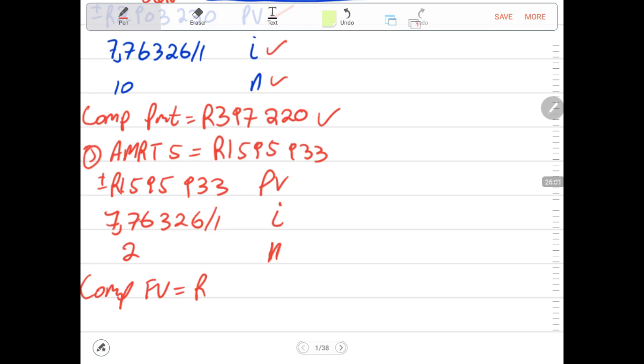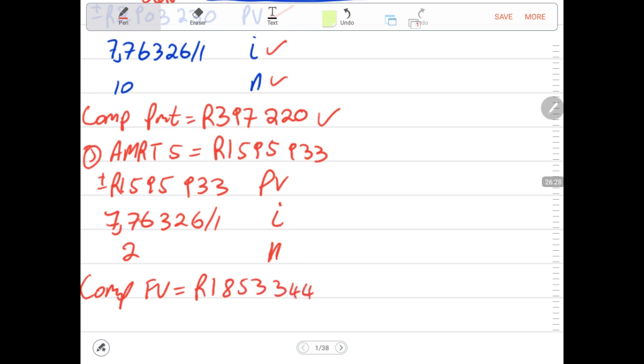So we did not have to recalculate our N and our I, because I said compute present value. What I did, I just re-entered the present value as negative, then I said compute future value, because the calculator keeps the memory of the function buttons. So the future value is 1,853,344 rands.